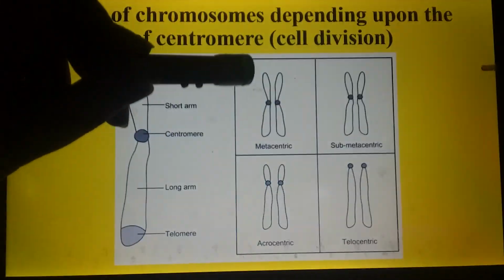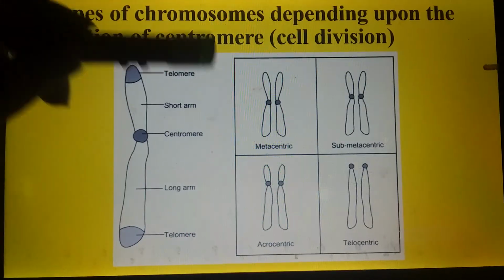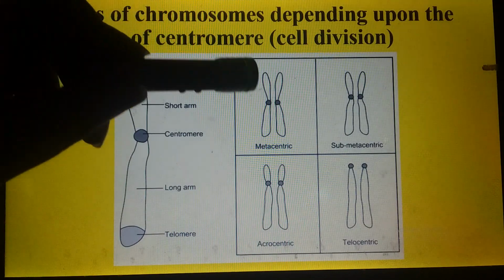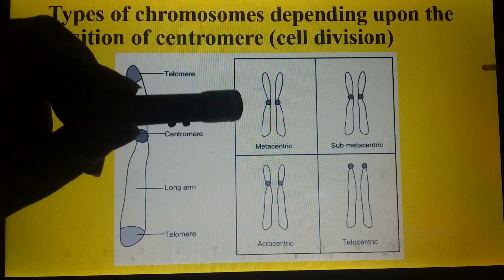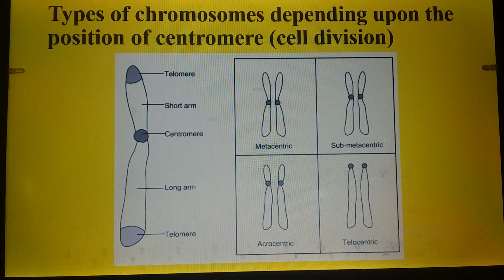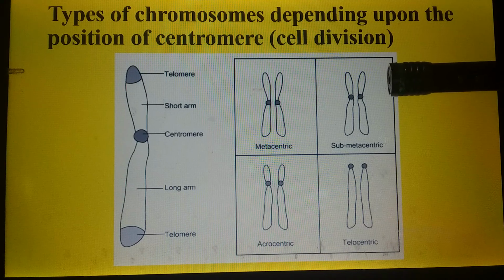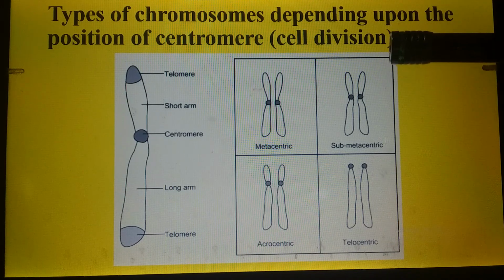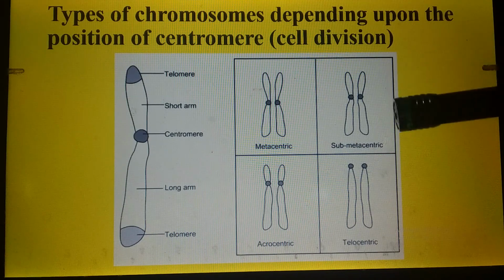The two chromatids are equal in size, and the centromere is present in the center. So this is metacentric. Second one, submetacentric. In the submetacentric case, the centromere slightly moves towards one arm, one chromatid, one arm of the chromosome. And one arm is short and the other is long.